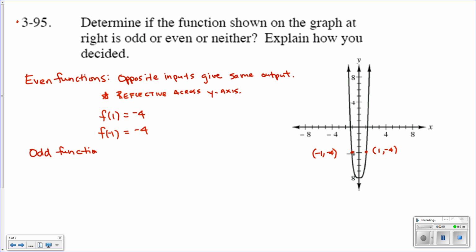Odd functions, we have opposite inputs that are going to give us opposite outputs. So the transformations that we can kind of see from this statement here would be either a reflection, or we can say it's reflective over both the x and the y axes.